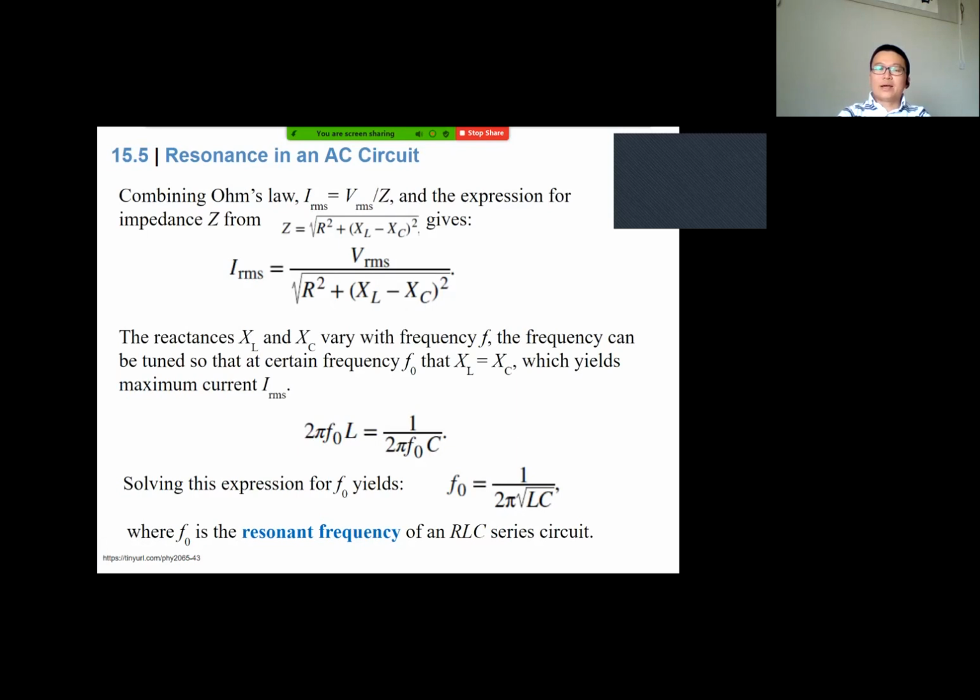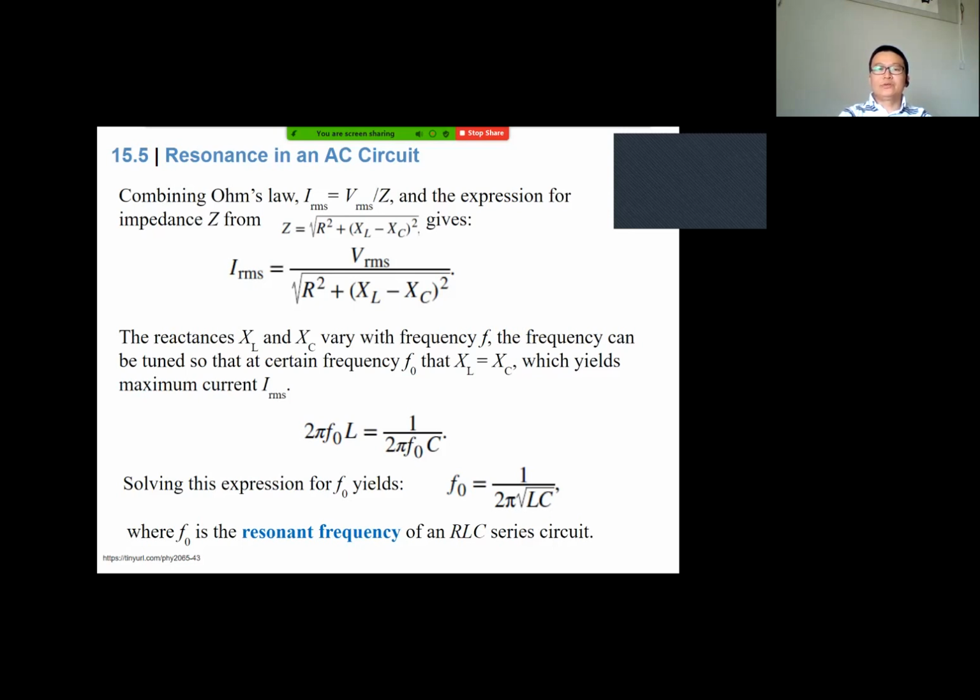Now, if you have an RLC circuit, you know that the RMS current is equal to VRMS divided by the square root of R squared plus XL minus XC, squared. In the case where XL equals XC, you have the maximum RMS current, okay? When that happens, that frequency is called the resonant frequency, because XL and XC are functions of frequency.